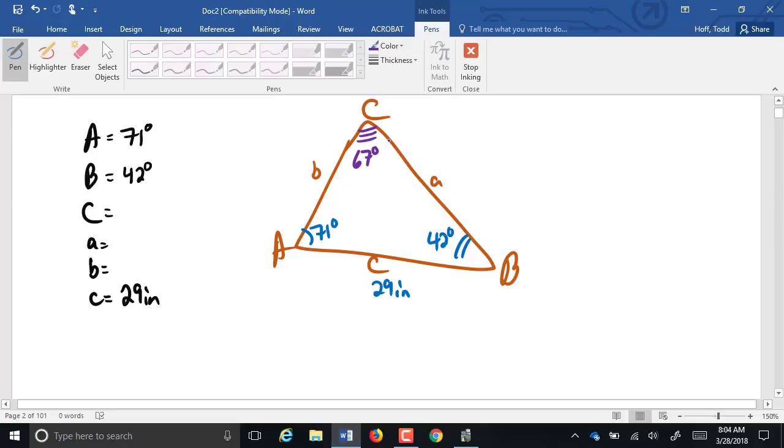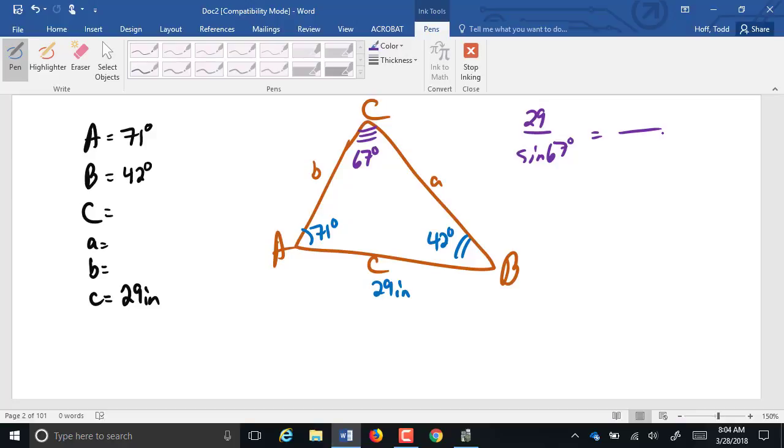That's 67 degrees. Now I have a side and an opposite angle. So I have the 29 inches over the sine of 67. Equals, which side do I want to find first, A or B? It's always best if we find the larger one. So we're going to use side A.